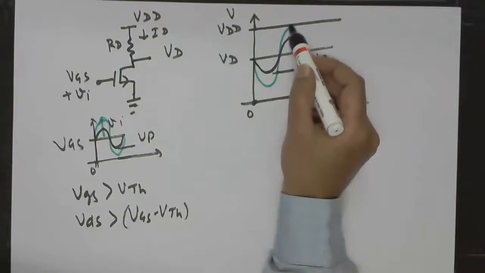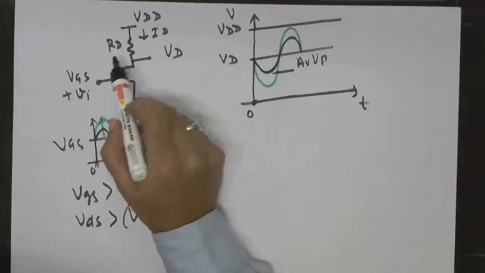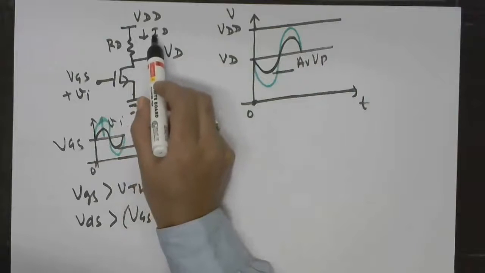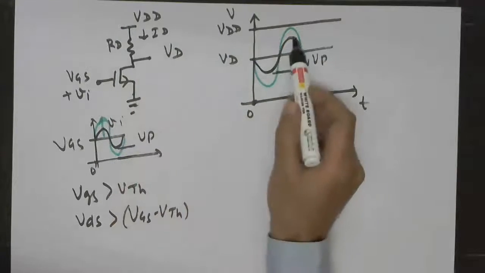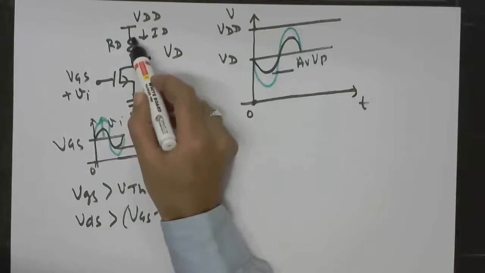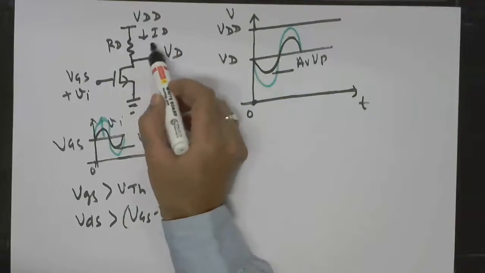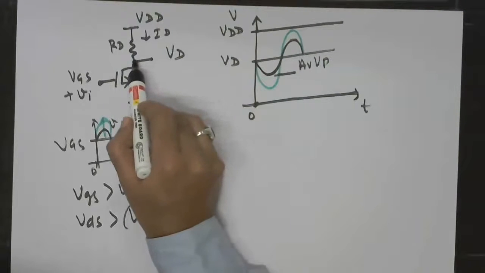Corresponding to this maximum voltage, you will have the minimum current here. This current is going to be minimum because for this maximum voltage the gate to source voltage is very small. That means the net drain current will also be very small. So the minimum value of the net drain current is 0. That means the maximum voltage that you can get here will always be VDD. You will never get a voltage more than VDD.